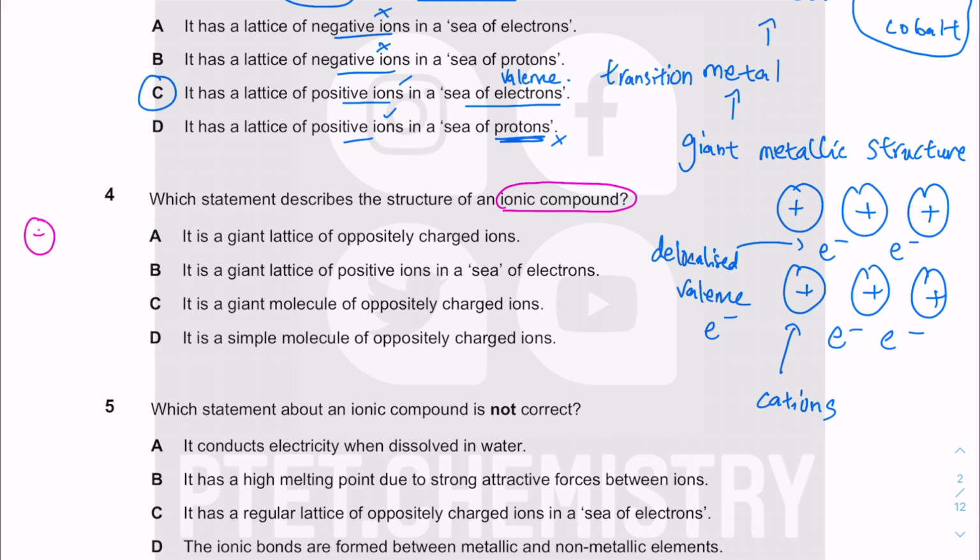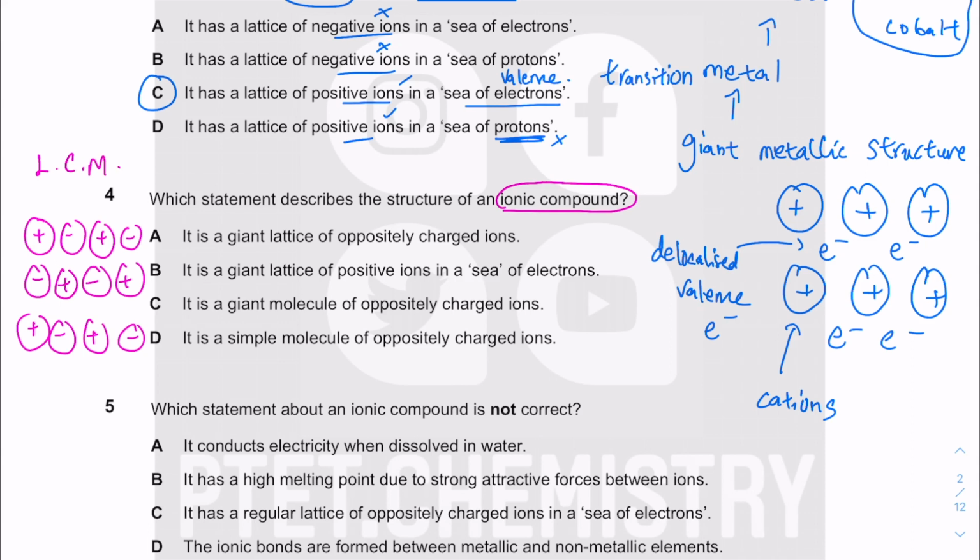So what you have is alternating cations and anions. The ratio in which they are combined depends on the charges of the cation and the anion, because that is your lowest common multiple.